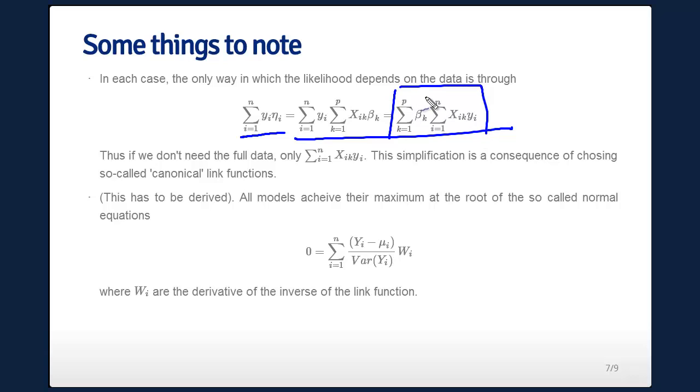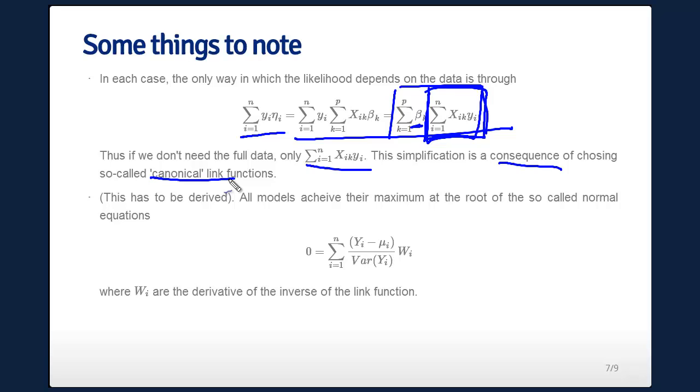The betas we don't know, but of the data that we know, it only depends on those terms. So we don't actually need the full data, we only need those things. This simplification is a consequence of the link functions that we've chosen. If we didn't choose those link functions, that wouldn't be the case.